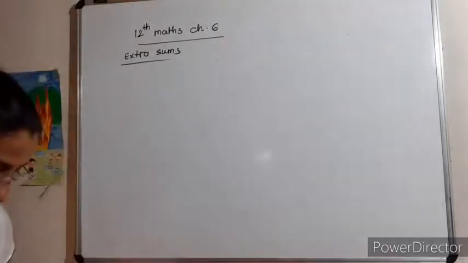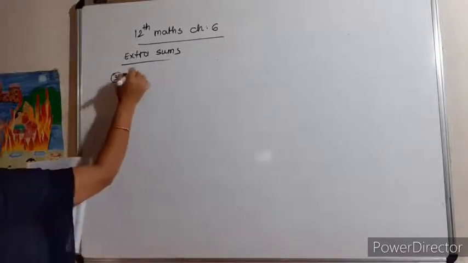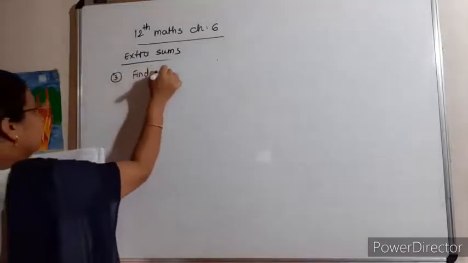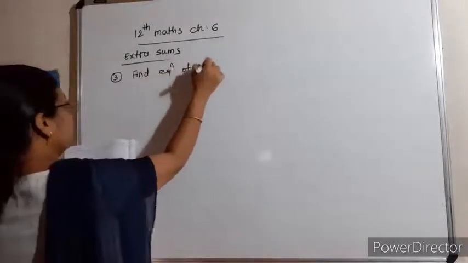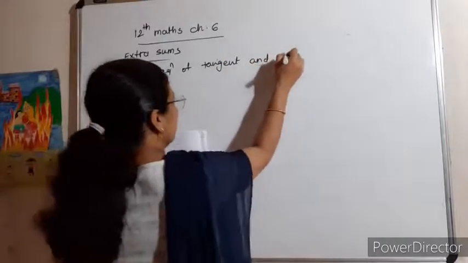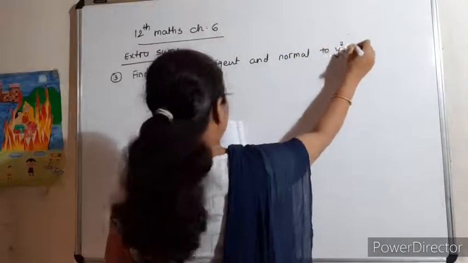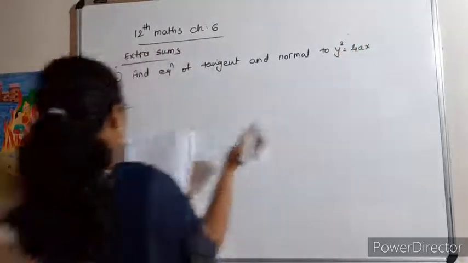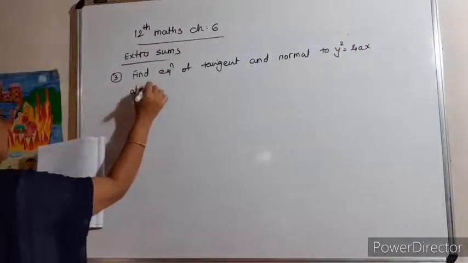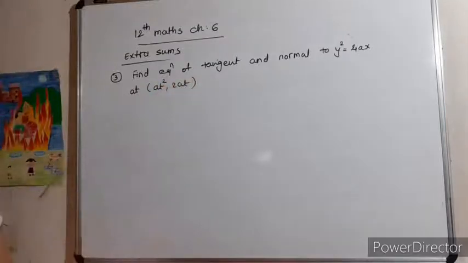Then the third question is: find the equation of tangent and normal to y square is equal to 4ax at at square and 2at. So it is very easy now.